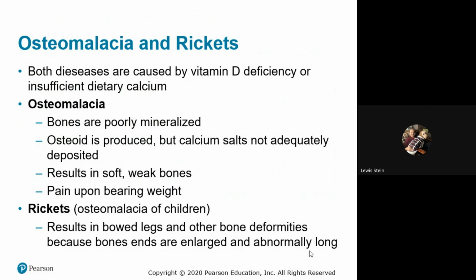The growth plate would be here, and you start to see it. In rickets, it's almost like getting no definition. It's like a wall of osteoid. It could be flared, like a trumpet that you would play in the band. So it's very distinctive.